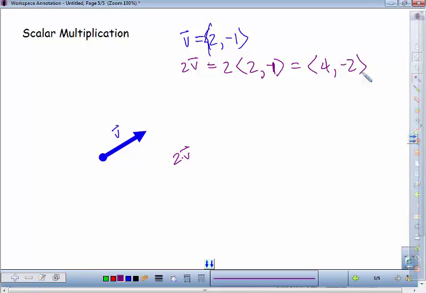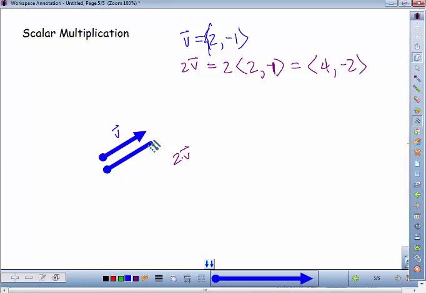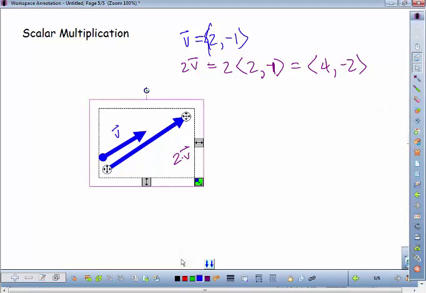But how's that going to look geometrically? Geometrically, this just turns out to be a vector in the same direction, but twice as long. So what you're doing here is multiplying its magnitude.